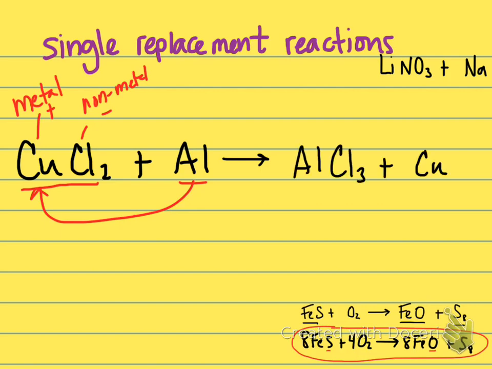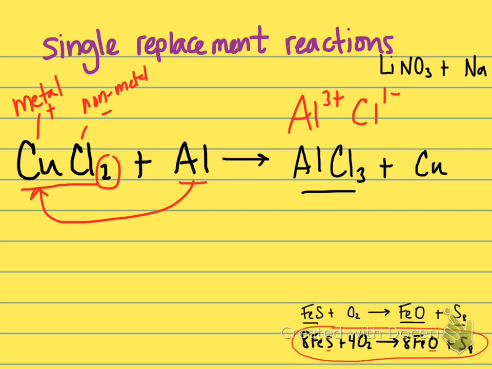Okay, so I've made a compound of aluminum and chlorine. I get aluminum chloride, and I've got free elemental copper. But whoa, Moser, how'd you get AlCl3? Again, you have to consider the ions that these elements form. Al forms a 3+ cation, while Cl forms a 1-.